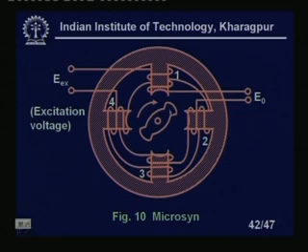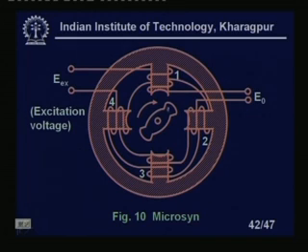But what will happen when it moves? Then I will get a non-zero output voltage. It is simple: if this iron core moves, the reluctance between 1 and 3 will increase and the reluctance between 2 and 4 will decrease.